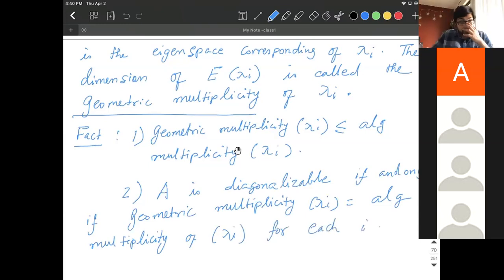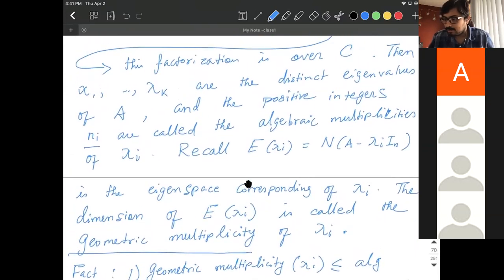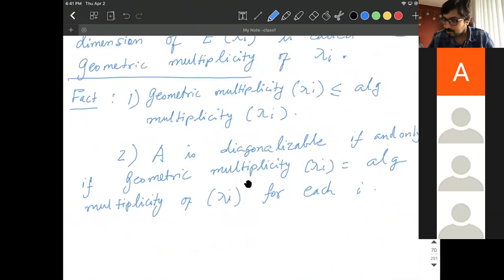Okay, so for each distinct eigenvalue, if the geometric and algebraic multiplicities match, then it amounts to saying that A is diagonalizable, or in other words, A has a complete set of eigenvectors. And how do you get this complete set of eigenvectors? Simply you collect eigenvectors from these eigenspaces.